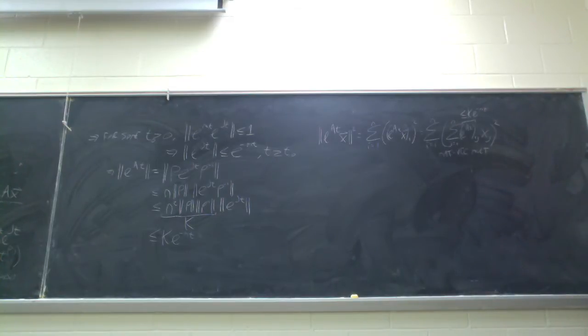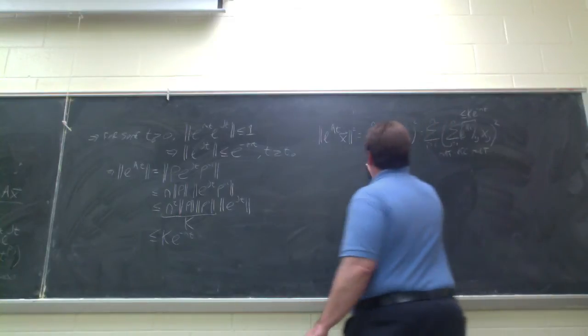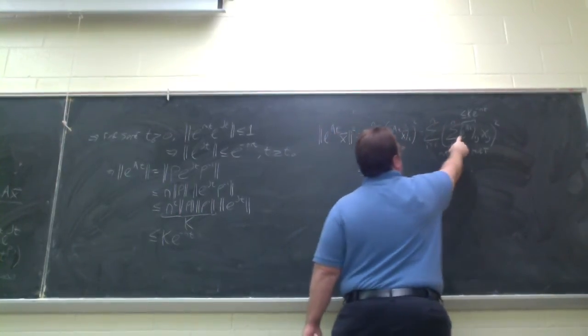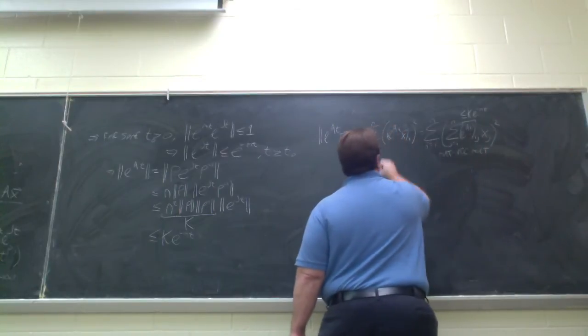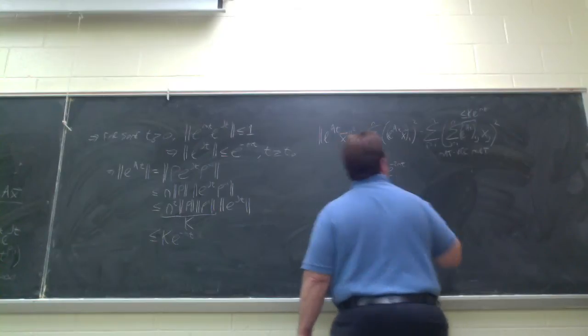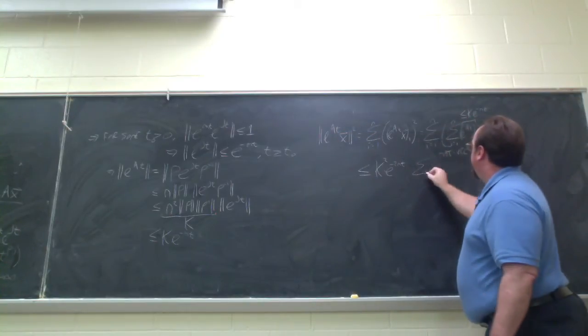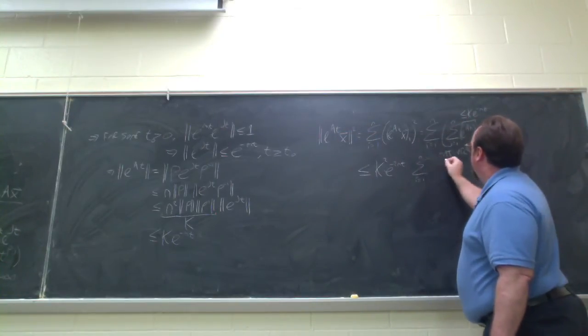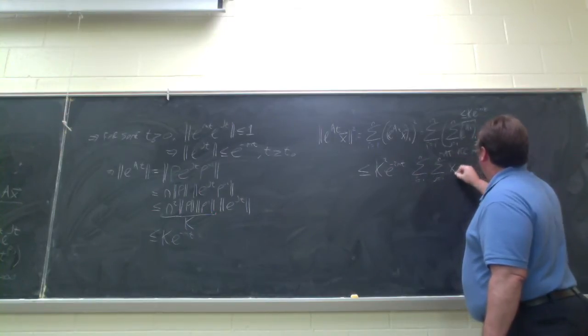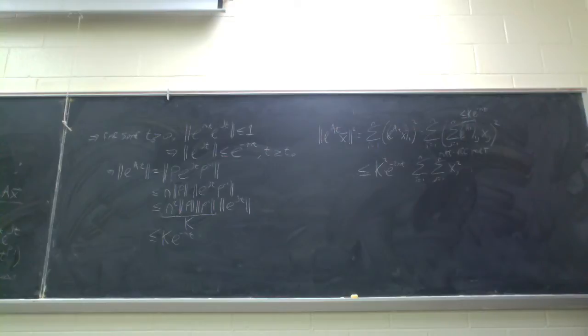So I can say all this is less than or equal to, now keep in mind it's inside a squaring, so I have to square all this, K squared e to the minus 2mt, and then I still have everything else in here, xj squared.